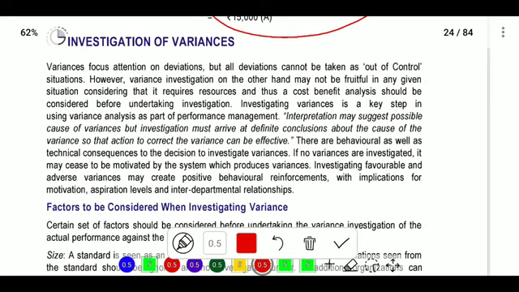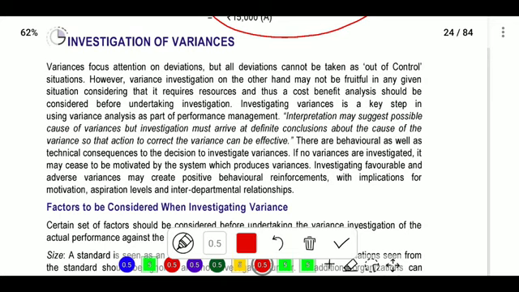Next, interpretation may suggest possible causes of variations, but investigation must arrive at definite conclusions. Variances, differences, they may tell a story. If you ask the production manager or purchase manager why the difference arose, he will tell a story: there is a price difference, there is a quantity difference, there are some different discounts.